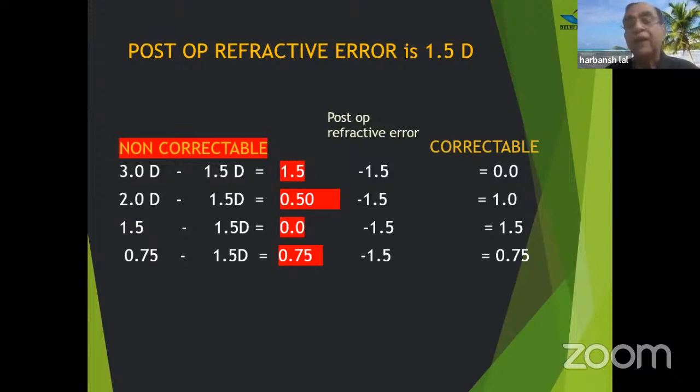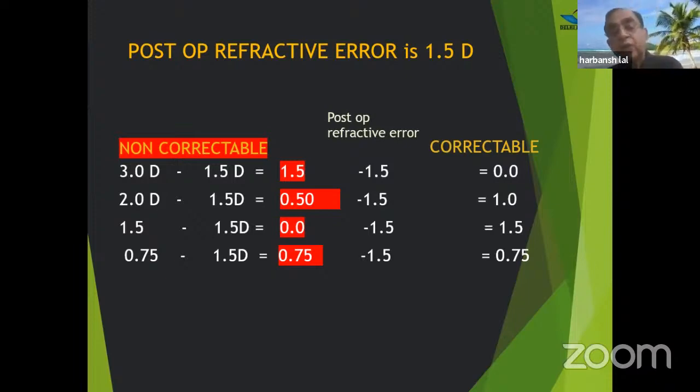That means 1 diopter of error is because of misalignment, which you can recover, and the lens can be rotated. In the third case, where 100% correction was possible, you got 1.5. That means the lens was totally out of place, 30 degrees misaligned, and it can be completely corrected.